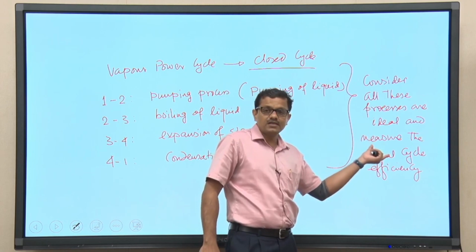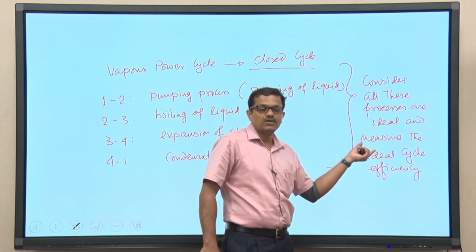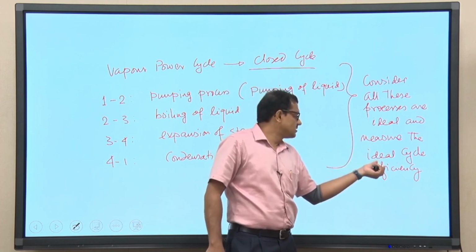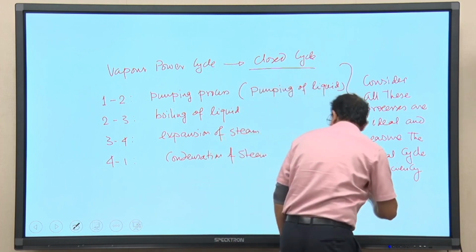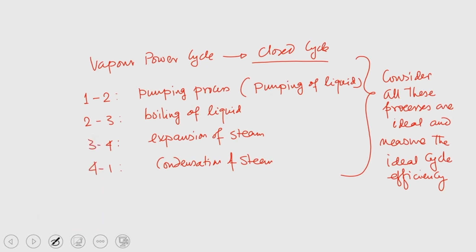So, the efficiency that we will get following this exercise is the ideal cycle efficiency. So, I am underlining this. This is the ideal cycle efficiency, right. But you have studied thermodynamics, and see why I am recalling that.